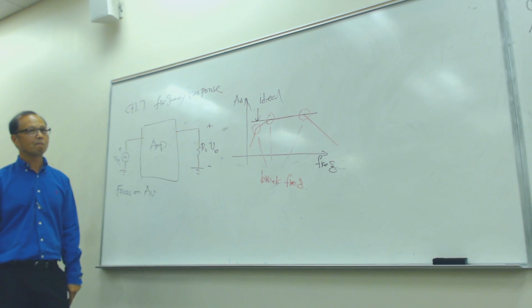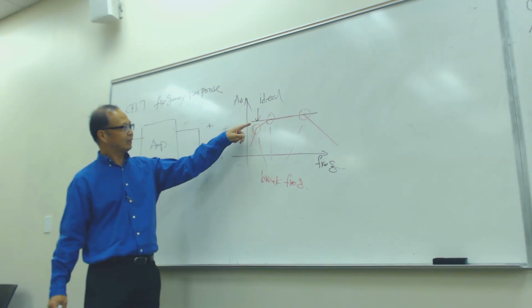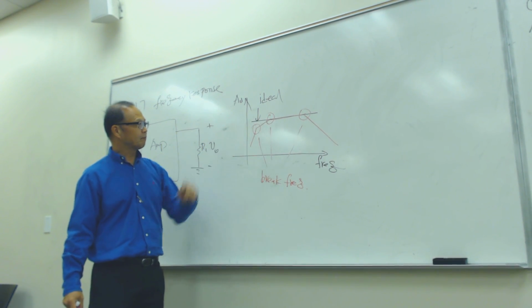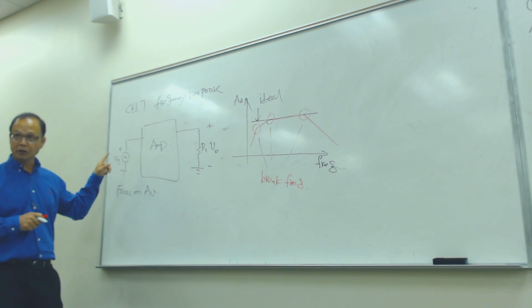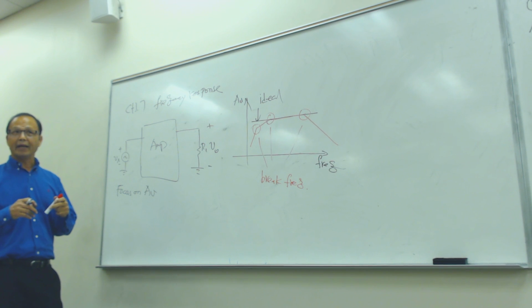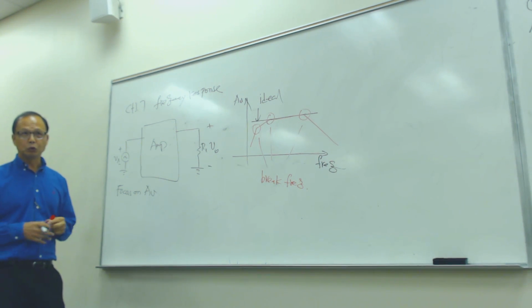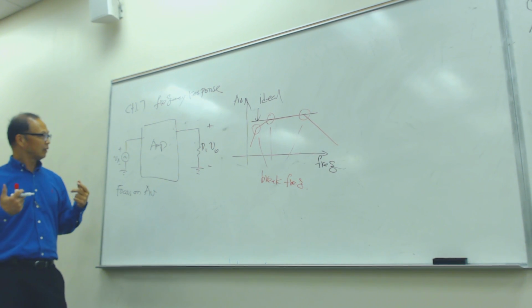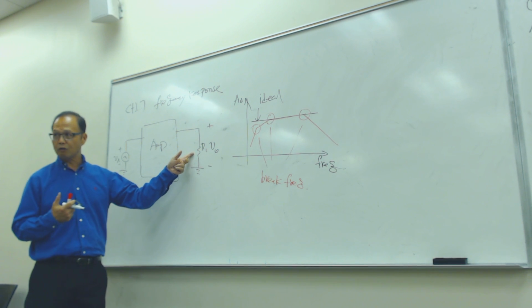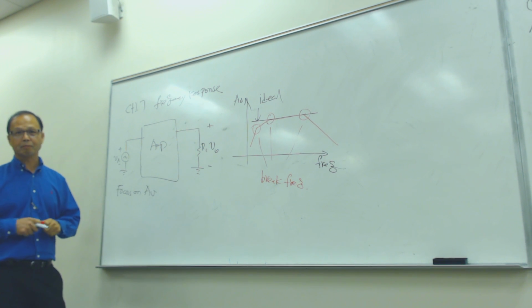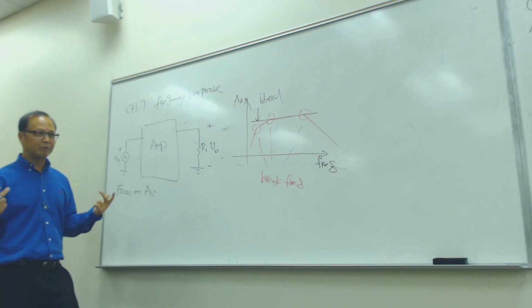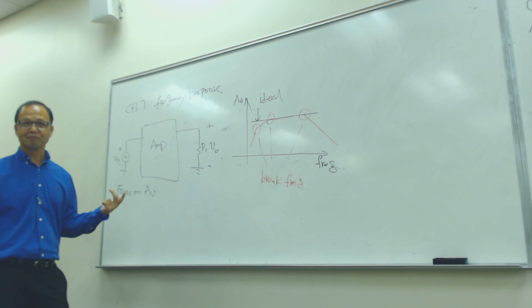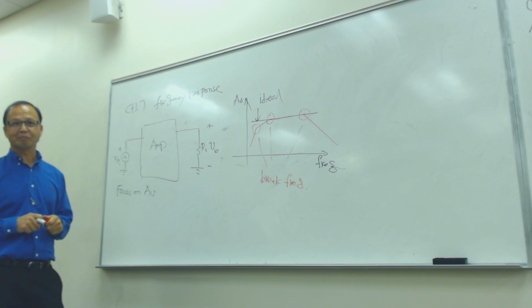Now if you have the ideal case, then all the signals would get amplified, and you would be able to hear it from the earphone or from the speaker. Now you may be confused. You may say, what do you mean by all the frequencies?